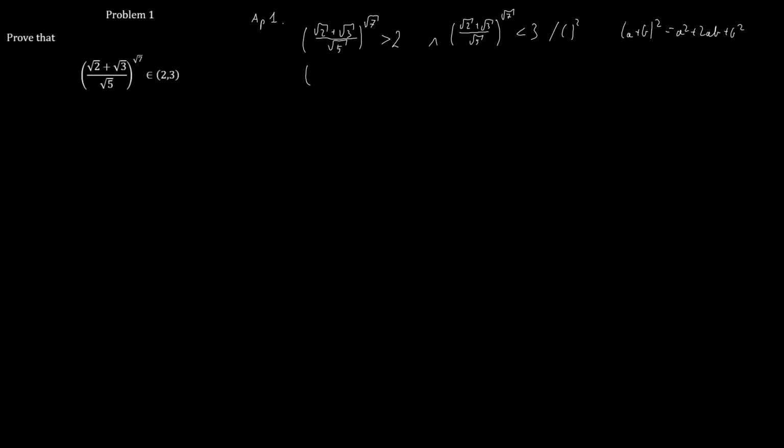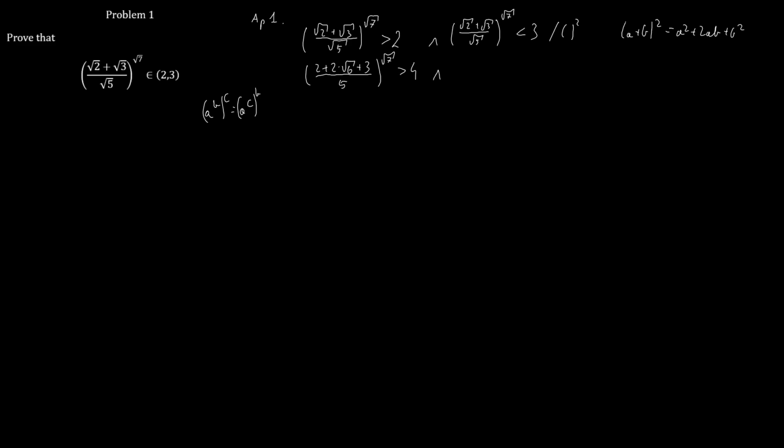So from that we have 2 plus 2 times square root of 2 times square root of 3, which is square root of 6, plus 3, divided by 5 to the power of square root of 7, is more than 4. I used here the fact that we can shuffle powers, right? So a to the power of b to the power of c is the same as a to the power of c to the power of b. And the same here, right?